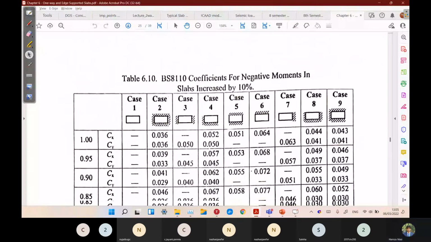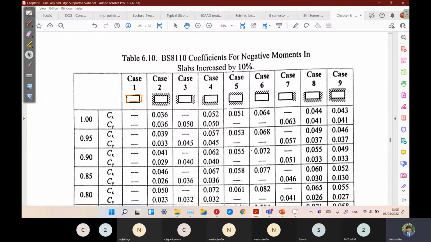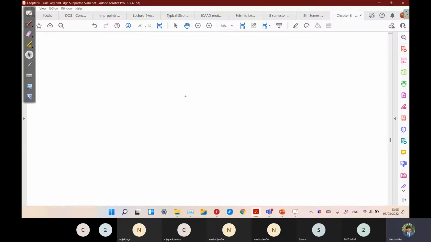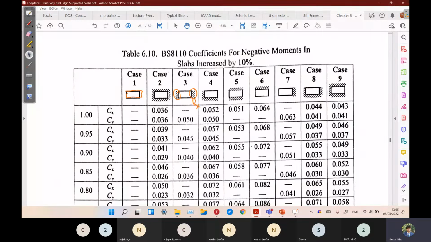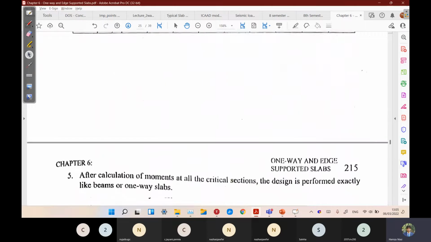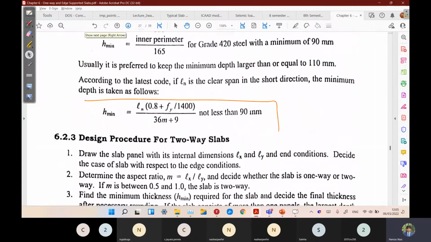The solid line shows that this is simply supported on all sides, and the hashed line shows that it is continuous on that side. Case 3 means that the smaller side is continuous, that is, the Lx side is continuous and the Ly side is simply supported. In this way, we can find out the case of our slab. So from the case of the slab, we can use this formula for thickness. This is the formula for the depth or thickness of the slab.